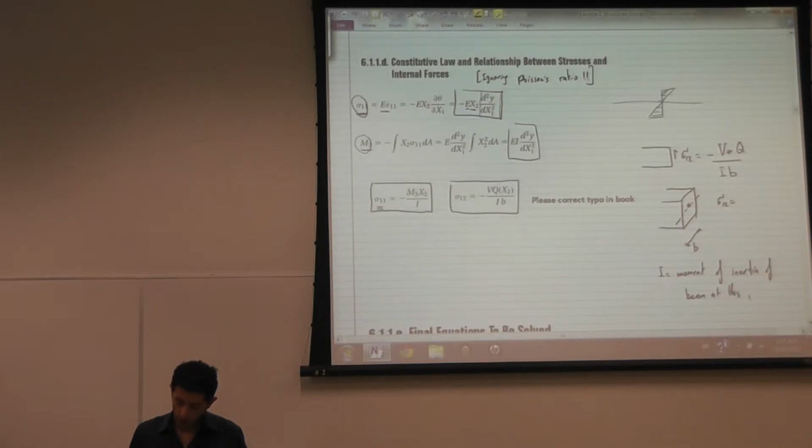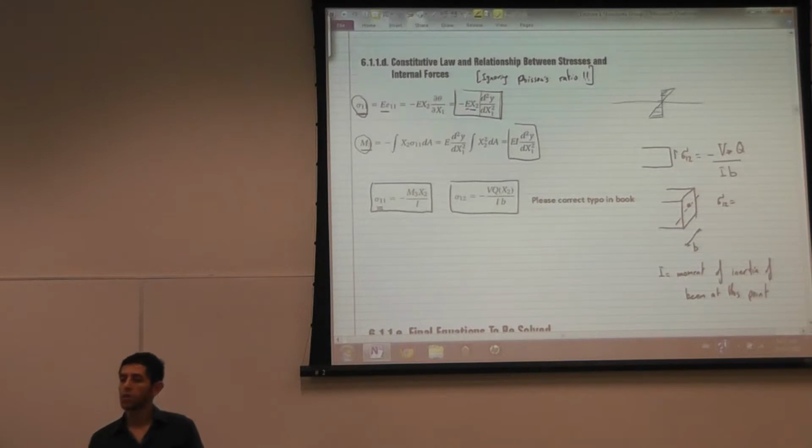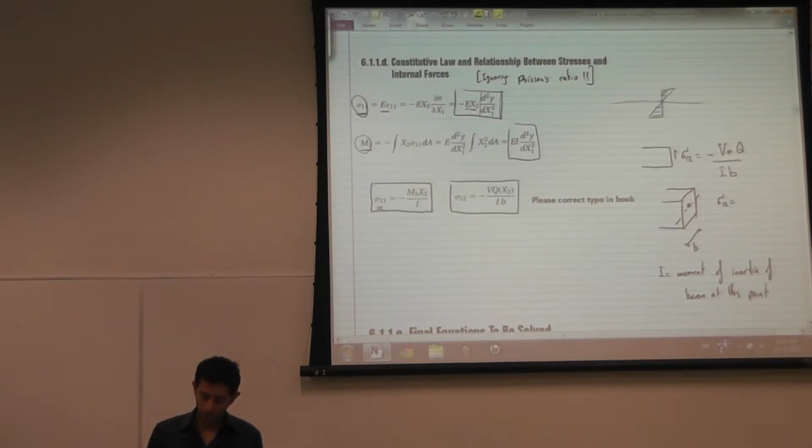Now there's a little bit of inconsistency in the theory. Now do you notice where that inconsistency is? So I have here sigma 1, 2. What happens when we think about the constitutive law? What happens when I have sigma 1, 2?